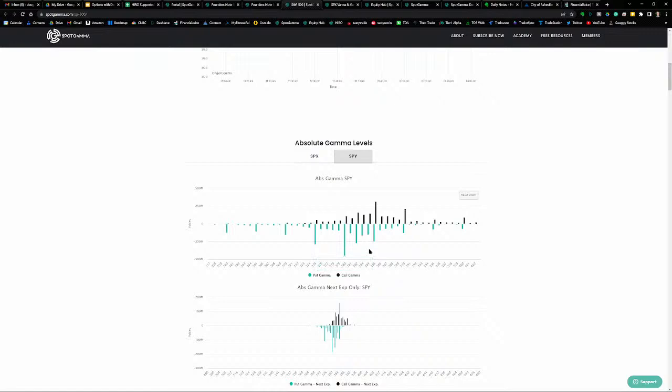So the put wall is the strike with the largest net negative gamma, and again the key gamma strike is the strike with the largest absolute gamma. So that's a very significant level. And there's 385, the volatility trigger is just below that at 384, and then the call wall at 390. So there's the playing field in the S&P 500.